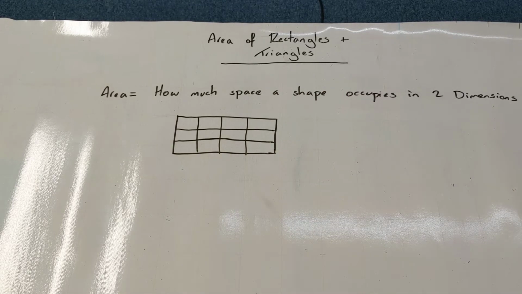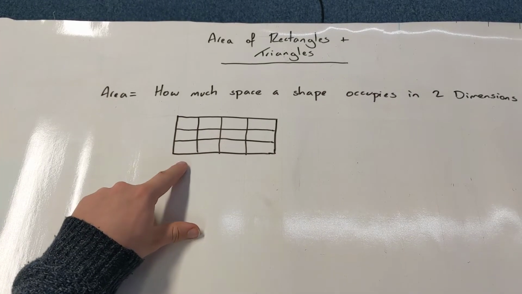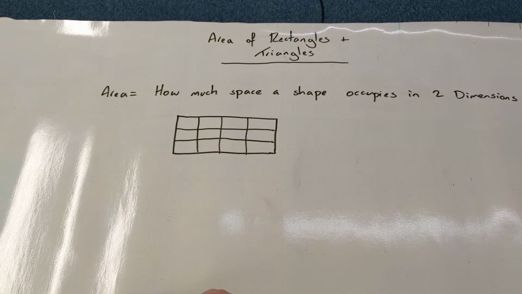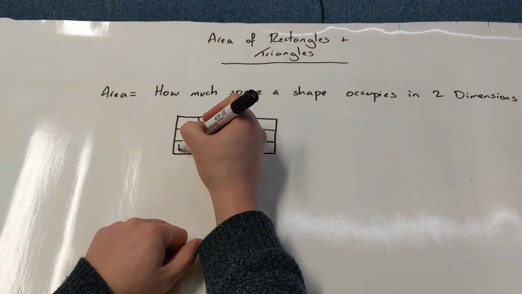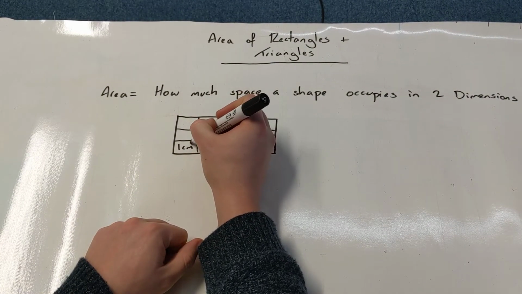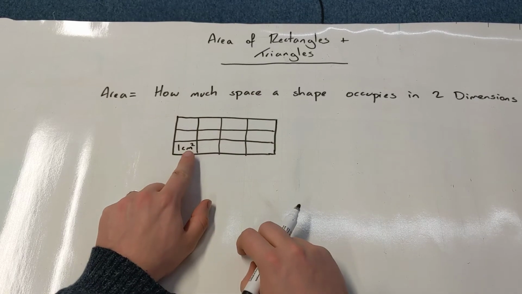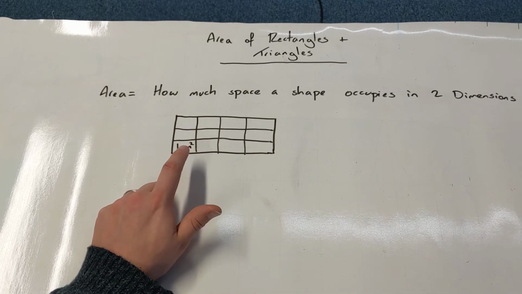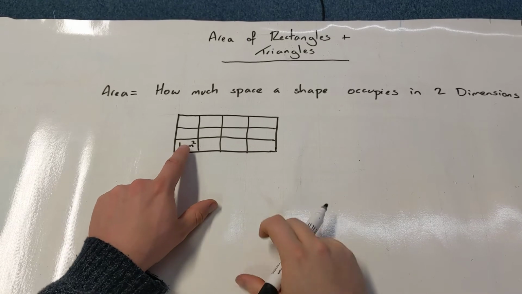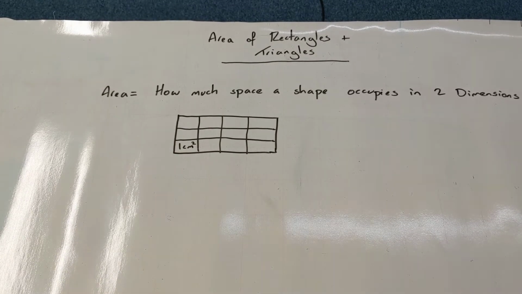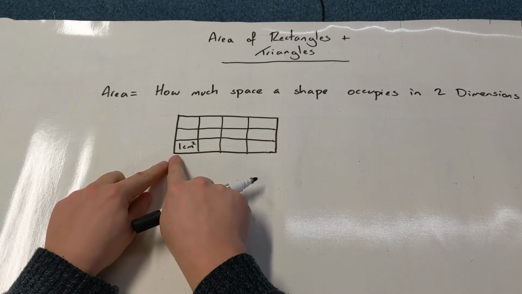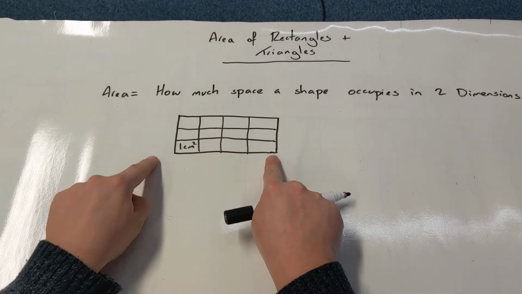If I had this drawn out, and let's say each of these boxes was 1 centimetre squared. So units for area is in centimetres squared, or metres squared, or miles squared. Because it's in 2 dimensions, it has a length and a height.